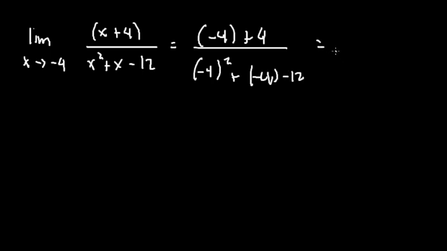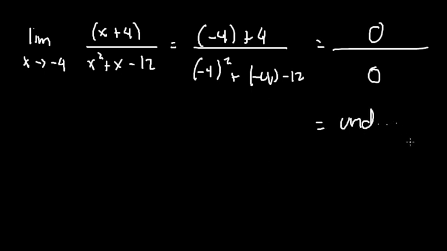So, it's gonna be 0 over negative 4 raised to 2 will be 16 minus 12 will be 4. And 4 minus 4 will be 0. So, as we can see, it's in the form of 0 over 0. Now, anything divided by 0 will always be undefined.